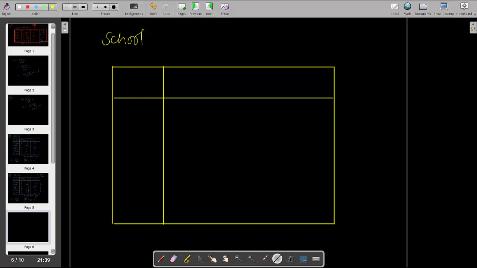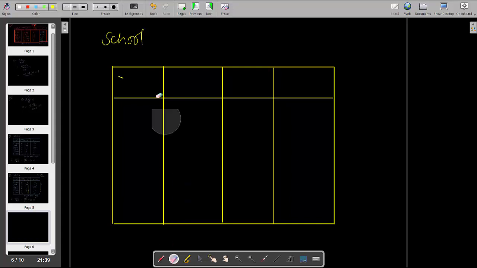This is for course, this is for x value, this is for number of students, and this is for WX. So here, the course of study. Write down everything.